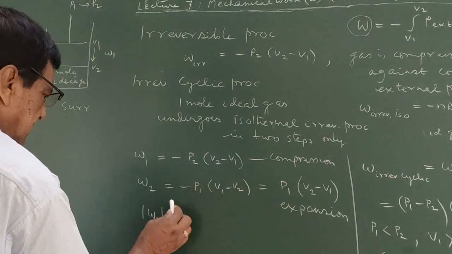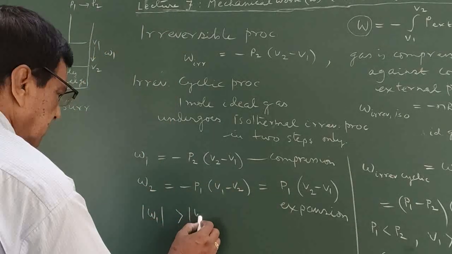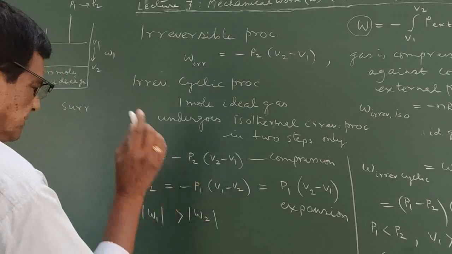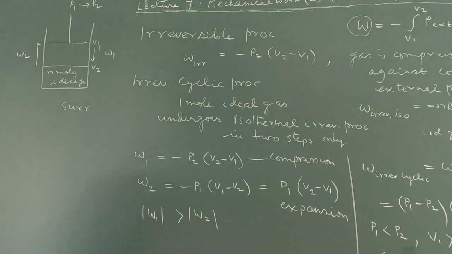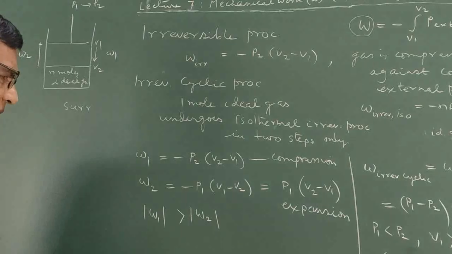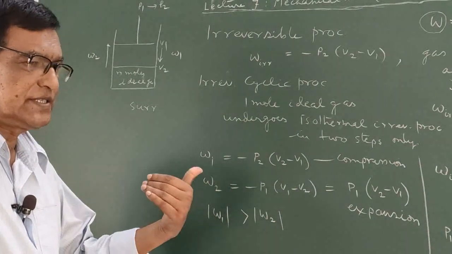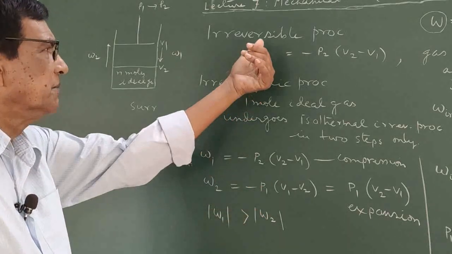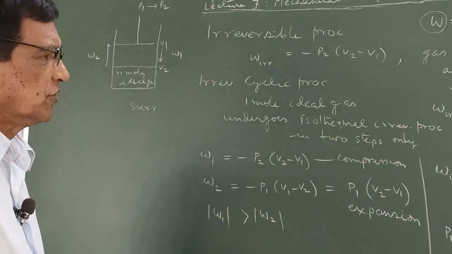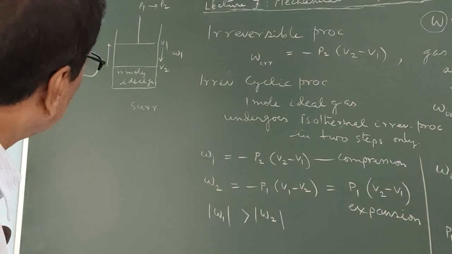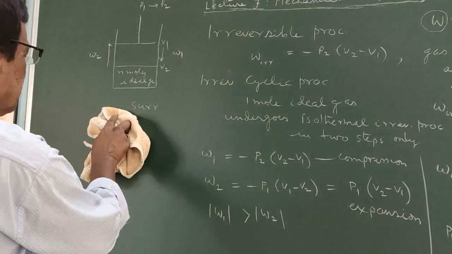So this one is greater than W2. Means more work is required to compress, but the work received, what is done by this system, is less in comparison in this irreversible process. Very interesting example I can set here.